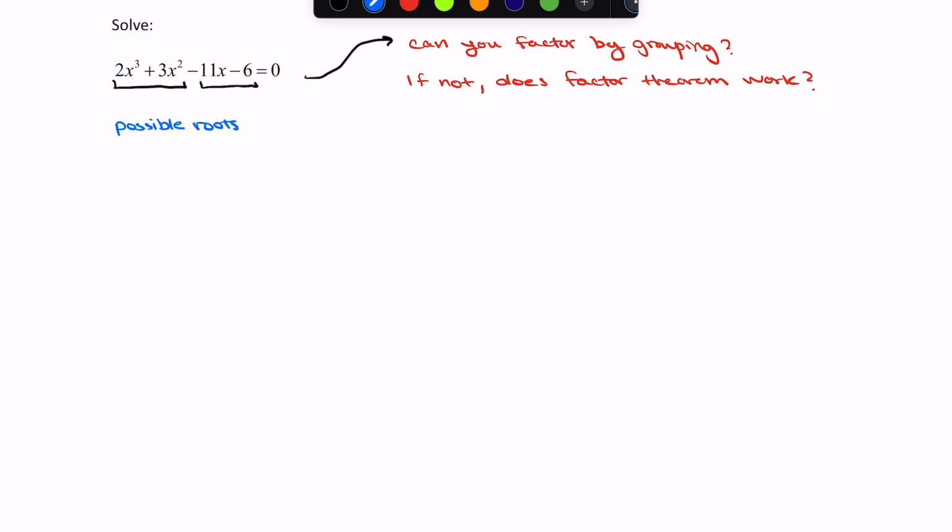Some possible roots we have are plus or minus 1 over 1, plus or minus 2 over 1, plus or minus 3 over 1, plus or minus 6 over 1, plus or minus 1 over 2, plus or minus 2 over 2, plus or minus 3 over 2, and plus or minus 6 over 2.